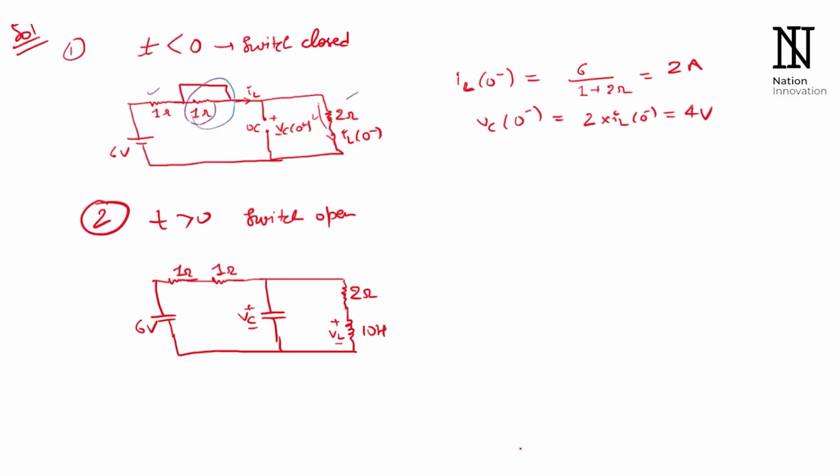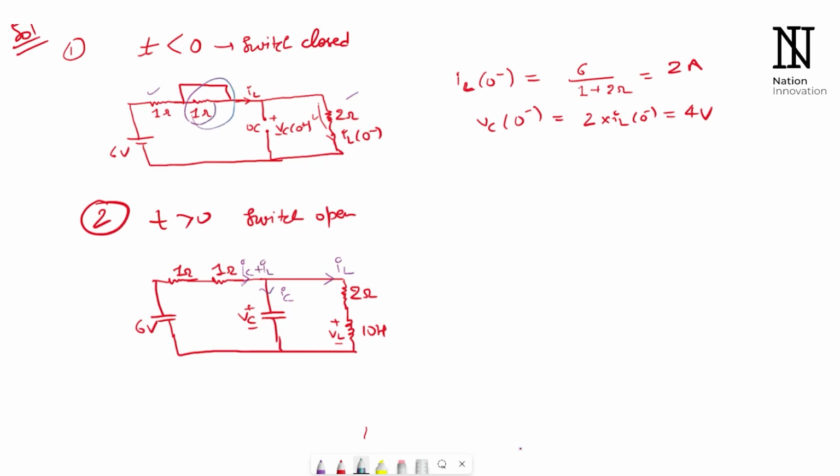Now let us suppose the currents. If this current is IL, and this current is IC, then this current will be IC plus IL.